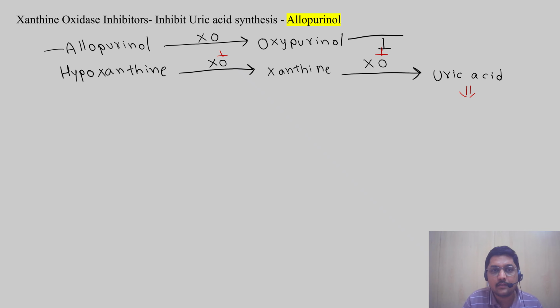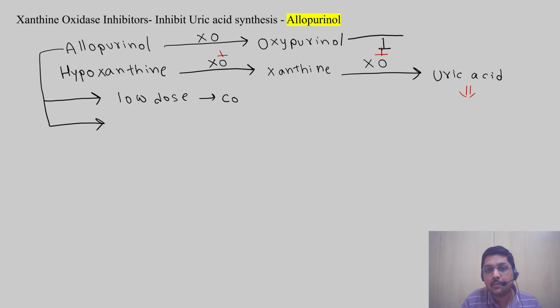And what is the nature of this allopurinol? Does it act competitively or non-competitively? It depends upon the dose. If allopurinol is given in low dose, it acts as a competitive inhibitor of xanthine oxidase. If the same allopurinol is given in high dose, it acts as a non-competitive inhibitor of the xanthine oxidase enzyme.